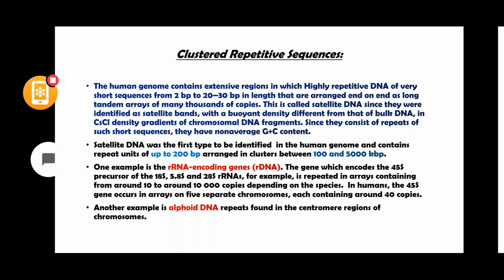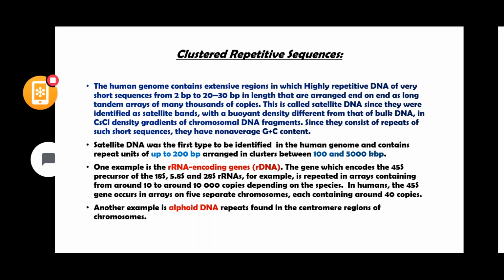The bigger peak is your main band DNA, which has all the sequences, and the separate small band tells about your satellite DNA. I will show you in the figure. So satellite DNA is identified by density gradient centrifugation using cesium chloride when DNA fragments are centrifuged.